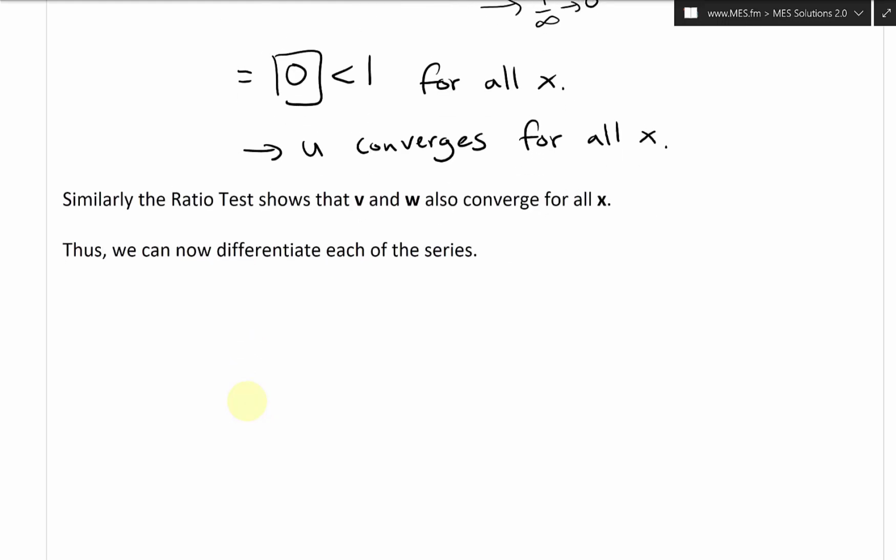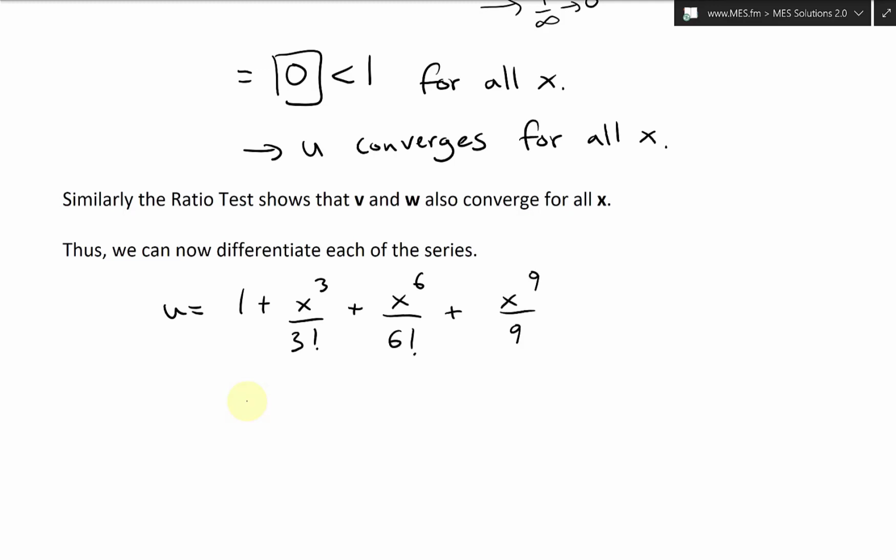So let's write u again. u equals 1 plus x cubed over 3 factorial. Remember, it's factorial of 3 everything. Plus x to the 6 over 6 factorial plus x to the 9 over 9 factorial plus dot dot dot.